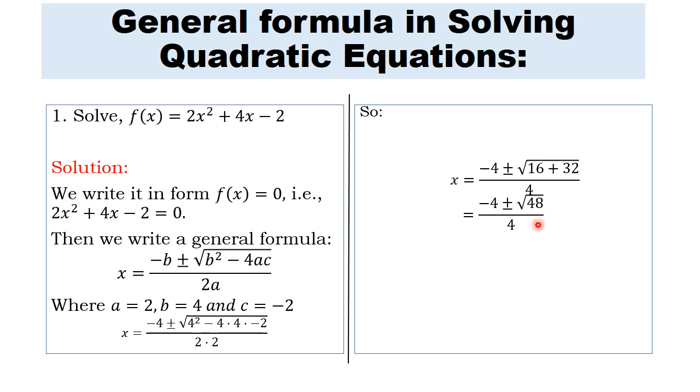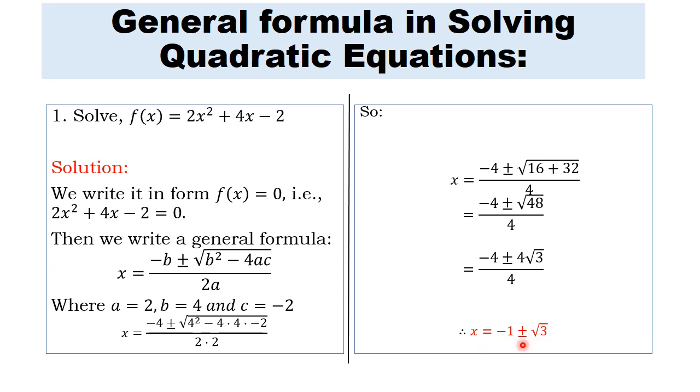Once we apply under root of 16 times 3, you're going to get it like this. If you divide this numerator by 4, you're going to get x is equal to -1 plus or minus under root 3.